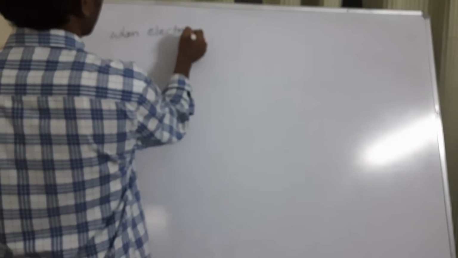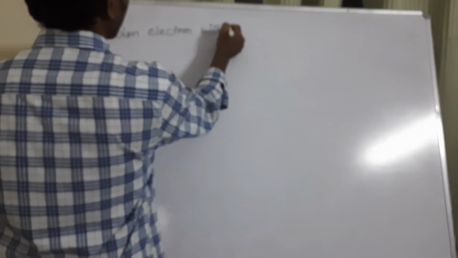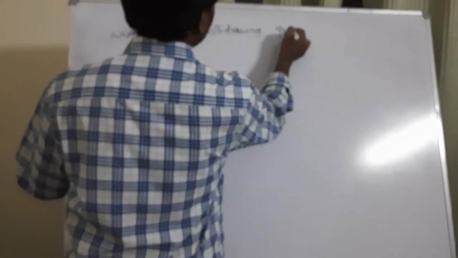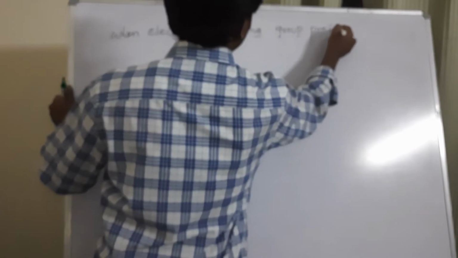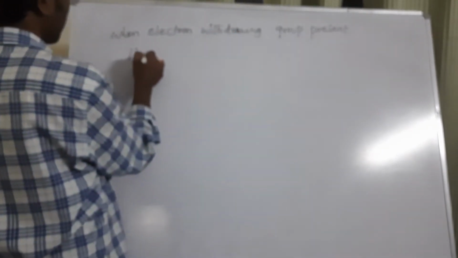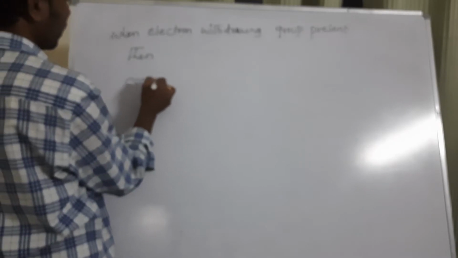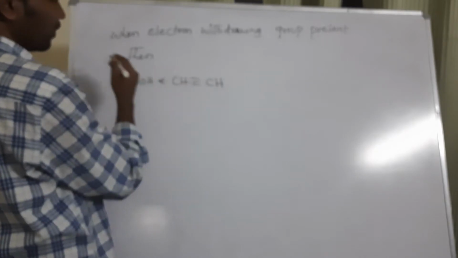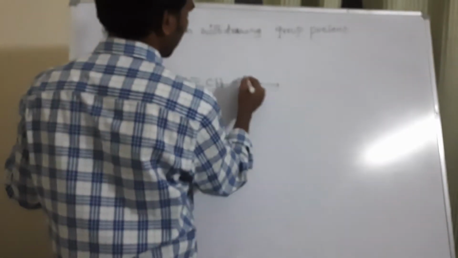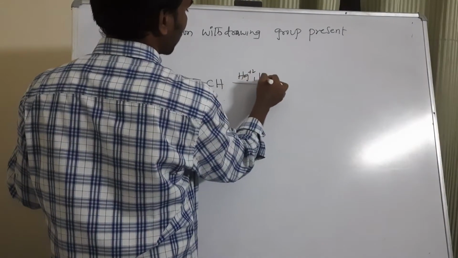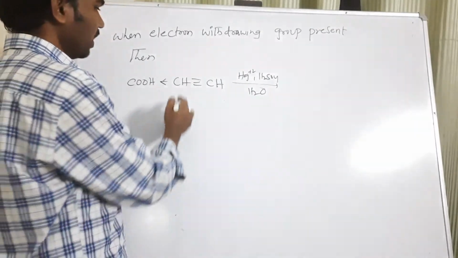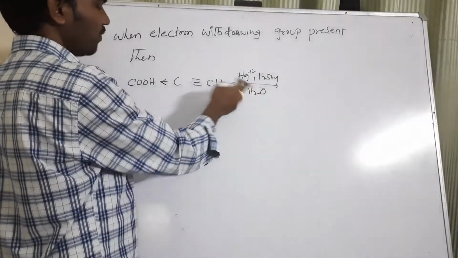Okay, now when an electron withdrawing group is present, you see here COOH is there and CH triple bond CH is there. So here the electron flow will be towards the carboxylic acid side. If I am taking Hg2+ and H2SO4 and water, before that what we have seen is that where fewer hydrogens are there, OH should be connected.